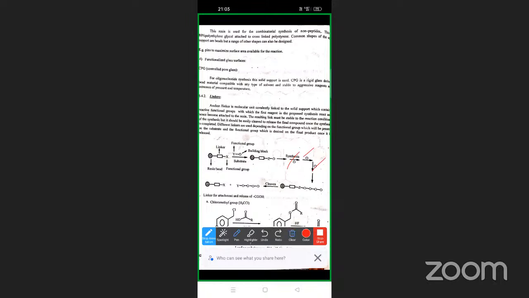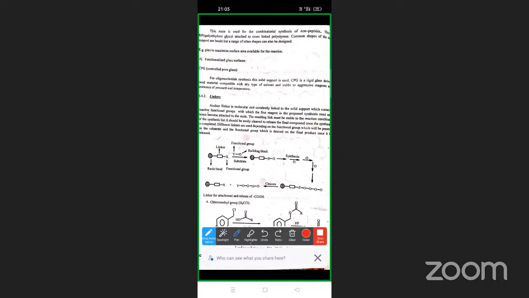For example, if you want to stop the reaction here itself, then you just cleave the bond between the product and your resin bead here. For that, you can use 20% piperidine or dilute acids like dilute HCl.